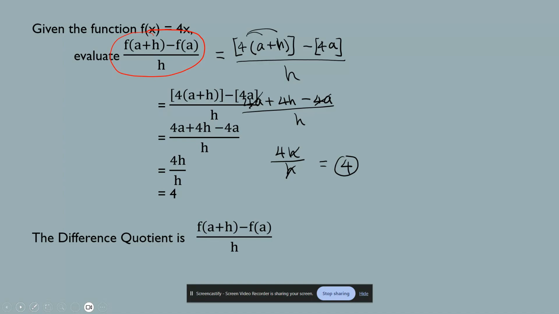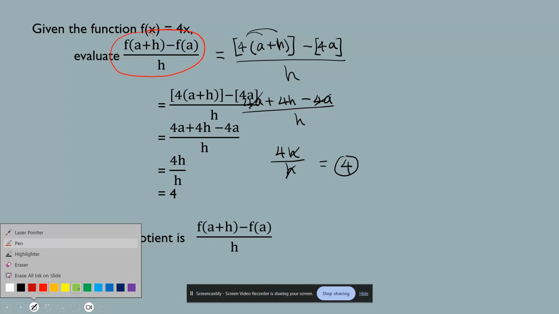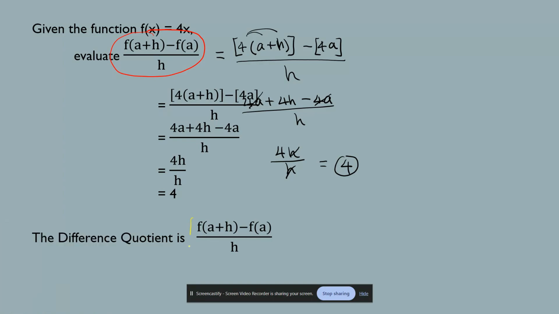This is the function that will be very helpful, so I want you to know how to use it. So knowing this equation here, let's try a couple examples using that.